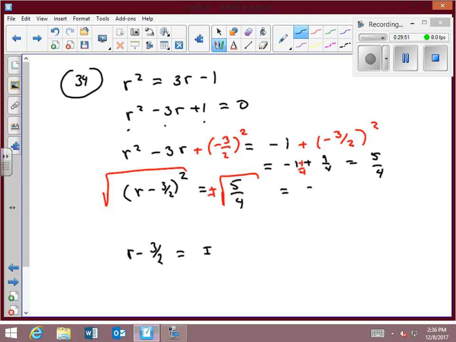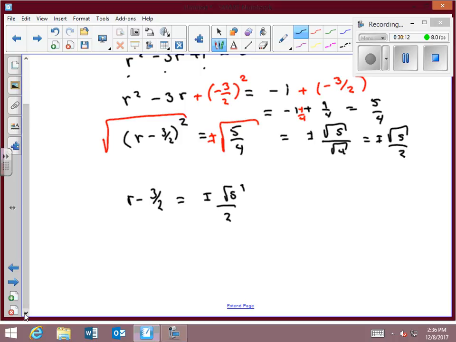This is plus or minus the square root of 5 over the square root of 4, which is plus or minus the square root of 5 over 2, right? So that's what I'm going to write here. Then I bring that 3 halves over.